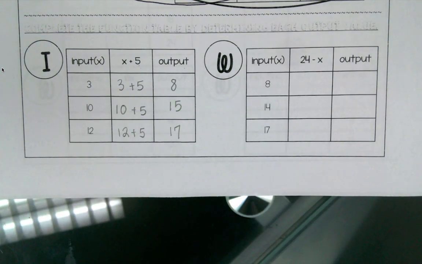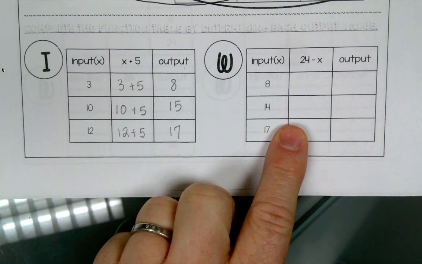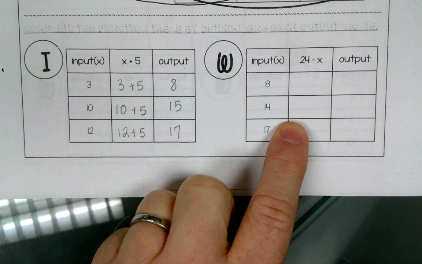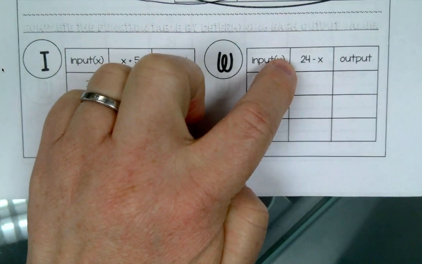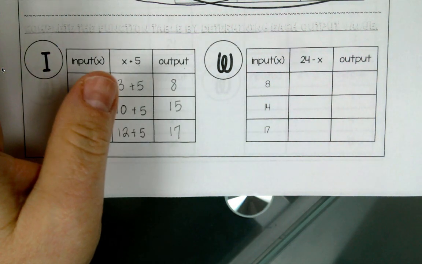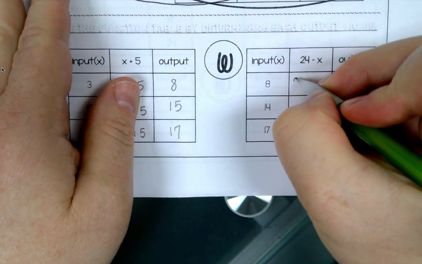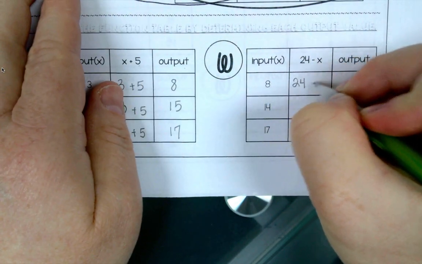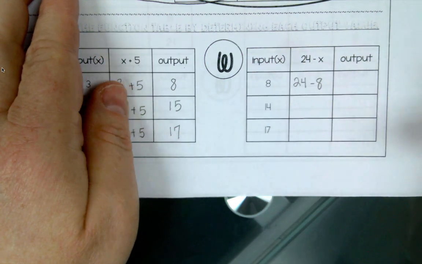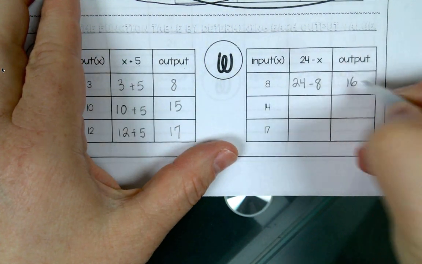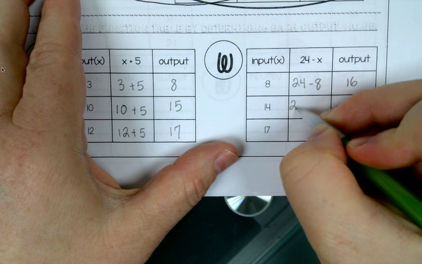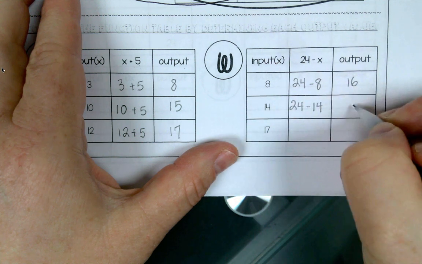Okay. So look at our next one. This time, our function rule is the number 24 minus a variable x. So I input 24 minus 8, I get 16. 24 minus 14, and we get 10.